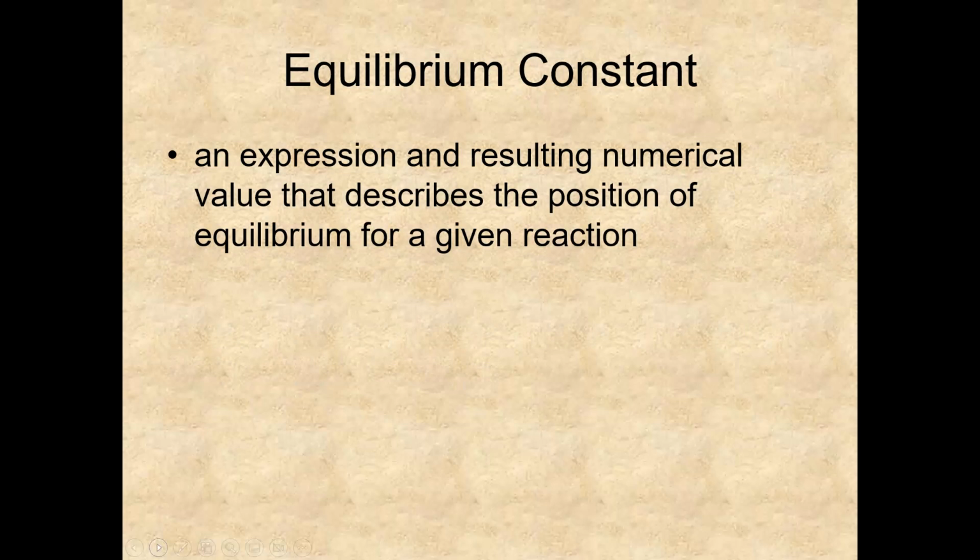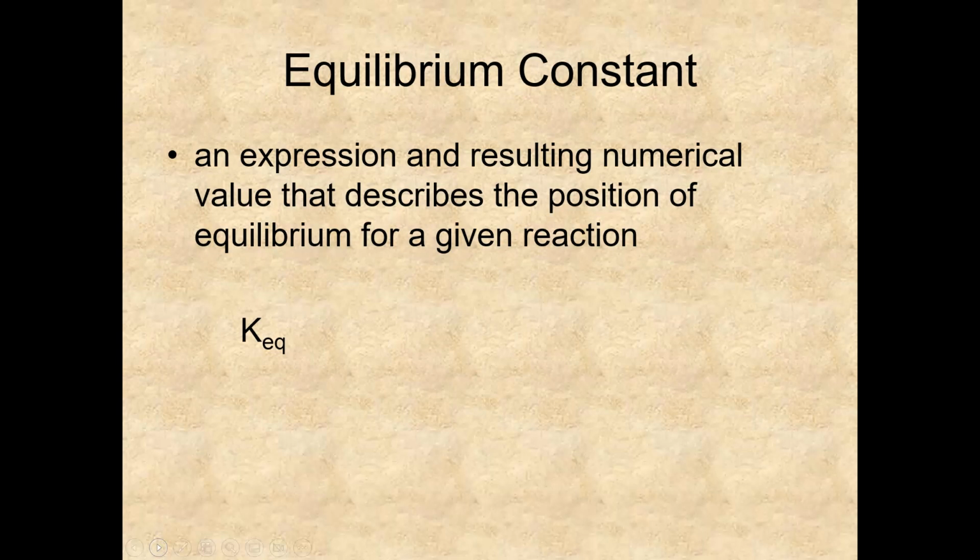So the numerical value is going to tell you, are the reactants favored in this reaction or are the products favored in this reaction? And for the equilibrium constant, this is going to be represented as Keq, and that is a capital K, whereas the rate constant from kinetics was a lowercase k. So make sure this one is capitalized.